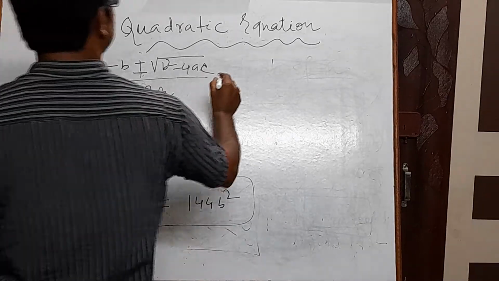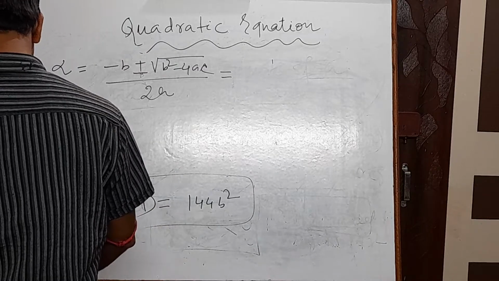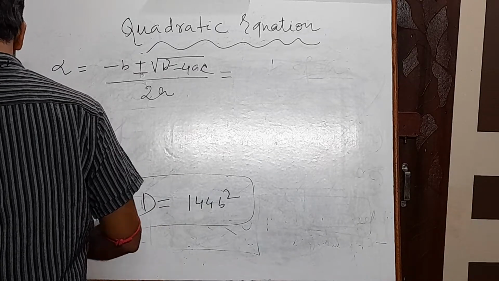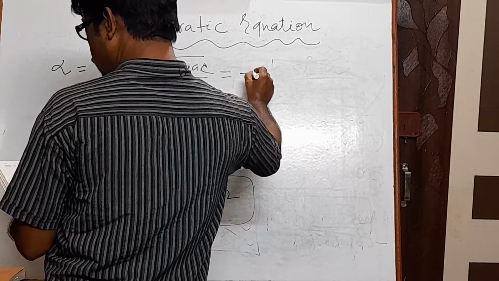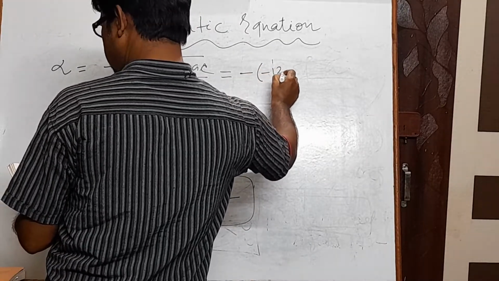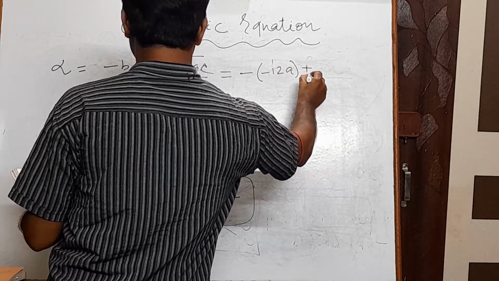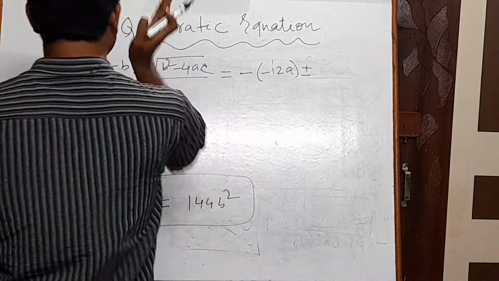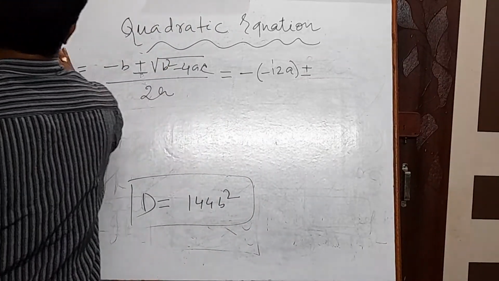So minus b. What is the value of minus b? B was the coefficient of x, B was minus 12a. When we write plus and minus both, you write x as the value.